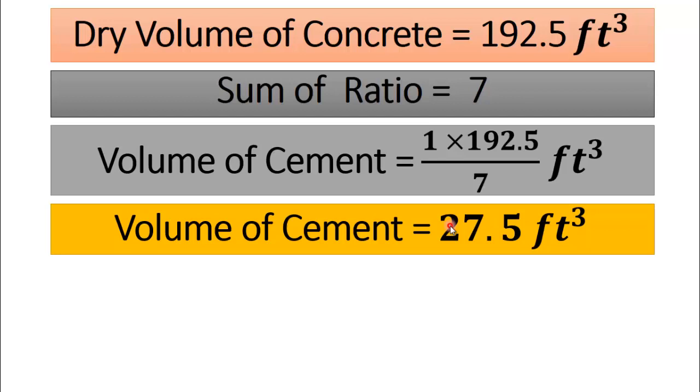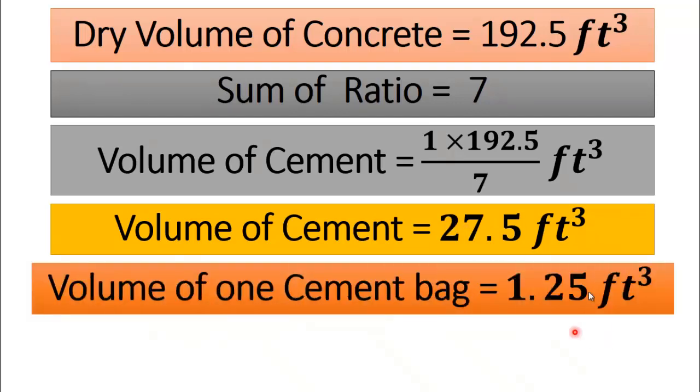Generally the cement is obtained in bags, so here we need to find the number of bags. We know that volume of one cement bag is equal to 1.25 cubic feet. If you want to know details about how this volume of one cement bag is equal to 1.25 cubic feet, you can watch my video by clicking this i card.